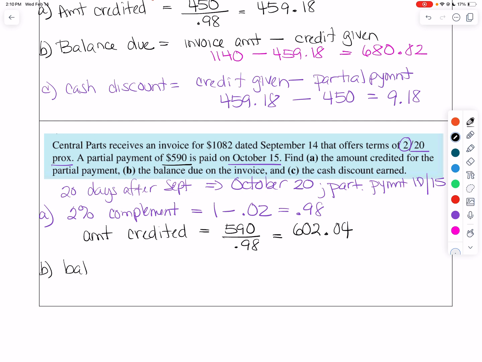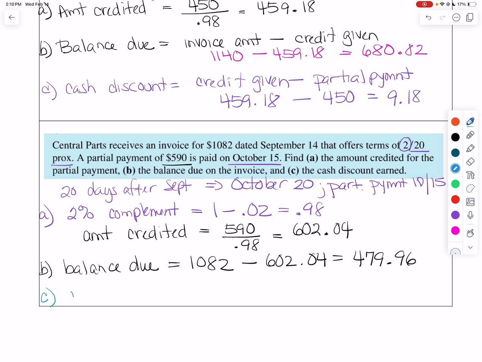So the balance due is the invoice amount, $1,082, minus the amount credited, which is $479.96.